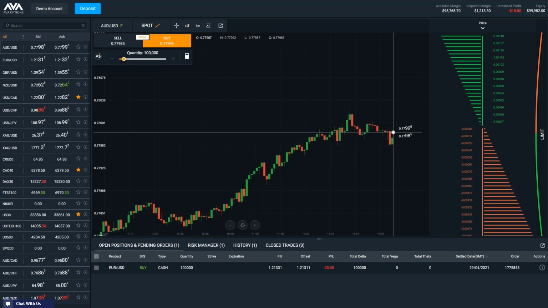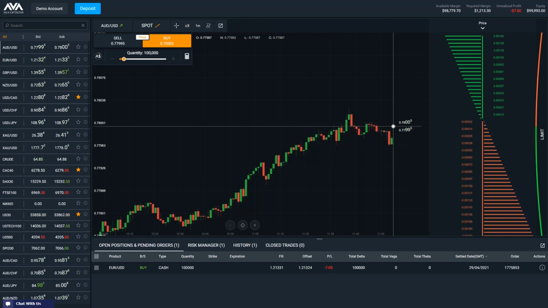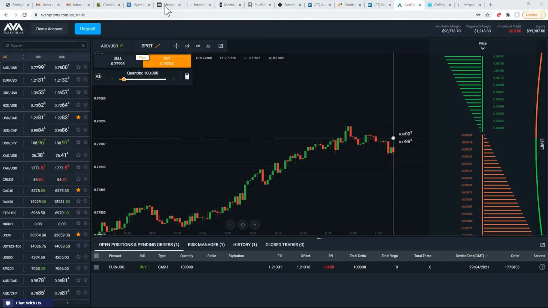Let's see. Options, view. Well, there's some way for me to annotate the screen, and I'm trying to figure out how to do it, but I don't know how. So I'll just go ahead without it. Wait a minute. No, that doesn't help me. Okay.